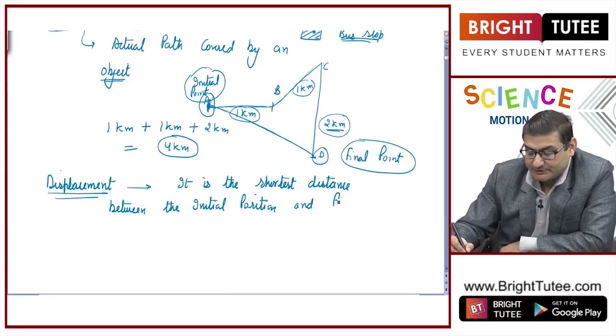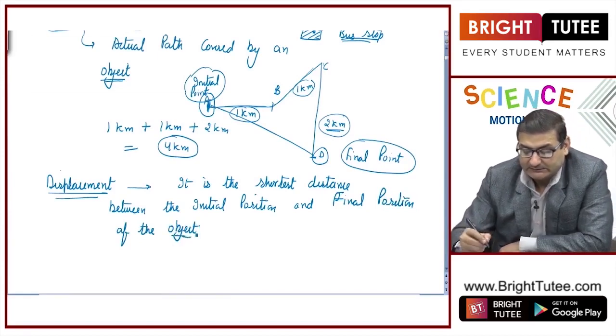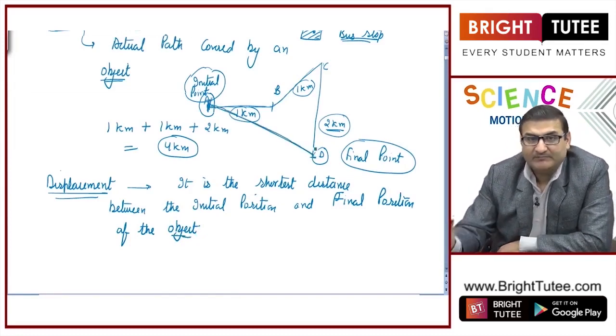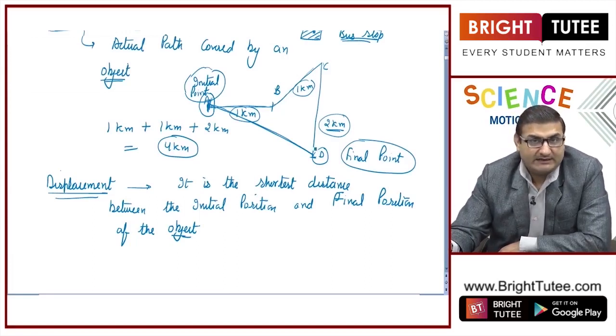The initial position and the final position of the object, that is known as the displacement. And when we are talking about the shortest distance, we are talking about the perpendicular distance between the initial position and the final position.